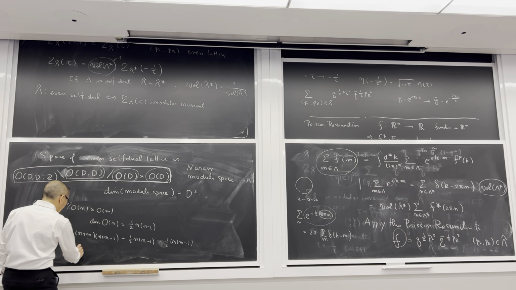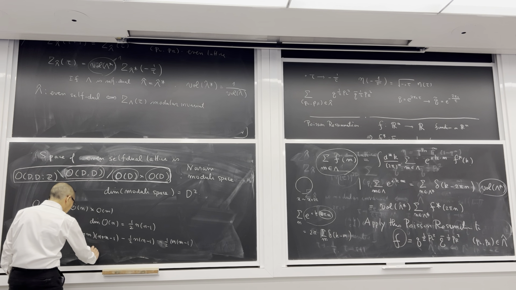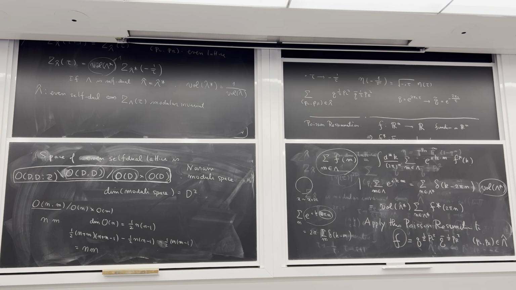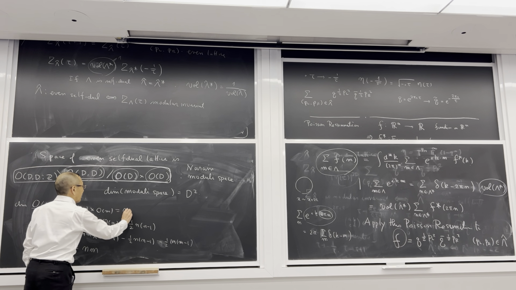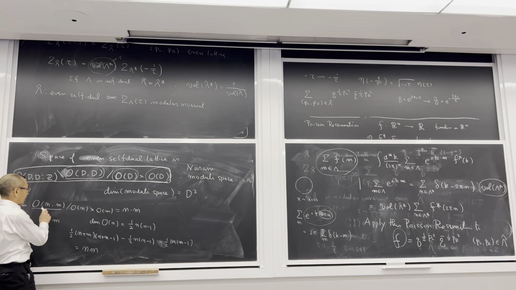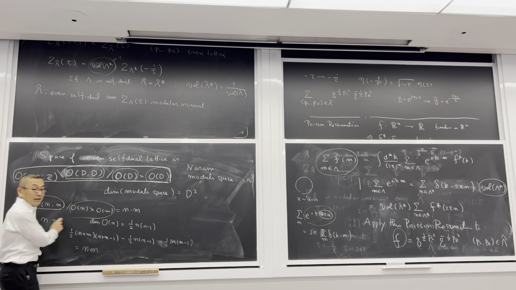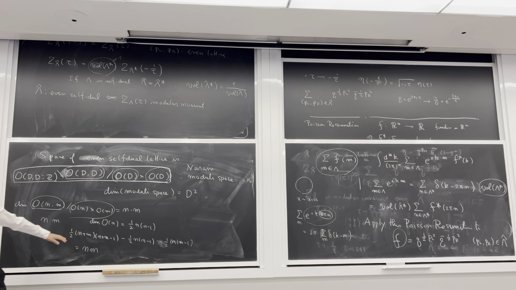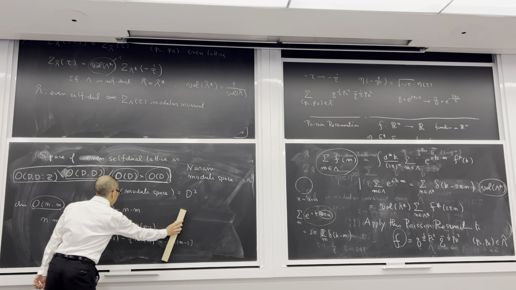If I did the counting correctly, this is n times m. The number of dimensions minus the redundancy gives you n times m. So in particular, the dimension of this Narain moduli space is d squared.